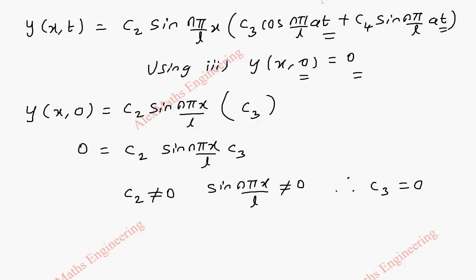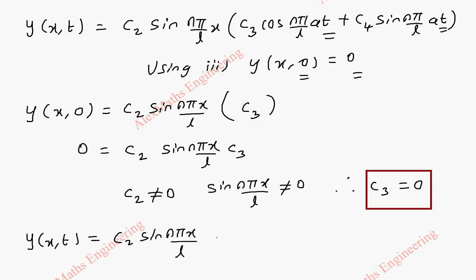Using c3 as 0, again we get the solution: y(x, t) will be c2 sin(n pi x by L), and since c3 is 0, we have only c4 sin(n pi by L at).